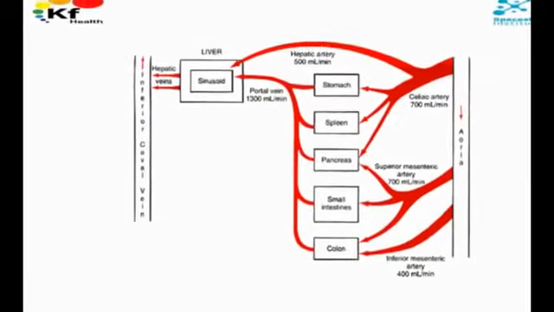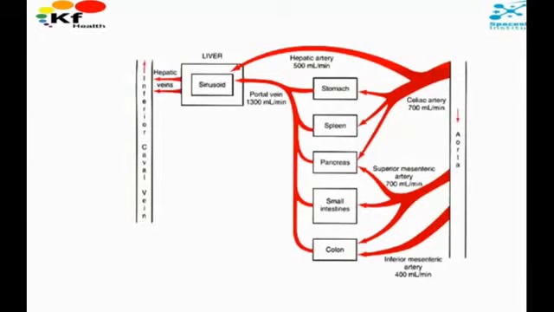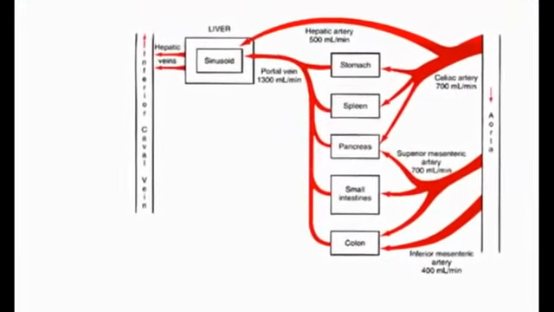The hepatic portal vein supplies the liver with 75% of the blood, and this blood is collected from all the splanchnic organs. These are organs inside of the abdominal cavity and the organs in the lower part of our body. All that venous blood collected inside of the vena porta goes inside of the liver through the hepatic portal vein.